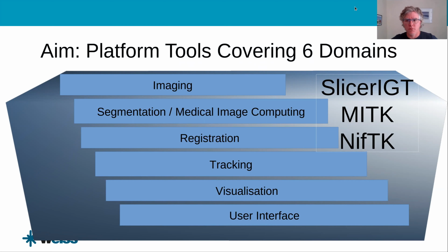So typically what you will do is you'll adopt a platform, and there are many out there. I've written two major ones, Slicer and MITK, plus our own one which we developed internally, NiftyK. And these platforms provide tools in these six domain areas so that you can then work on your little bit of science and build it into an application.